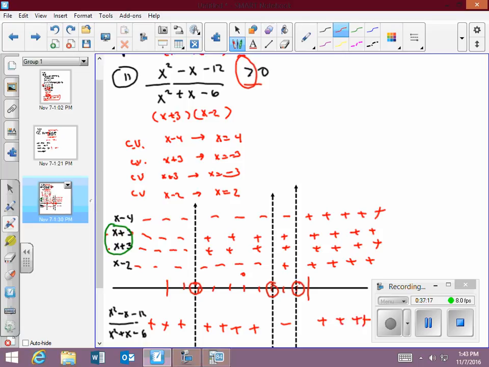Now, what's the solution? It says greater than, so it has to be positive, doesn't it? So it's everything from here back to there, and then everything from there back, and then everything out here.